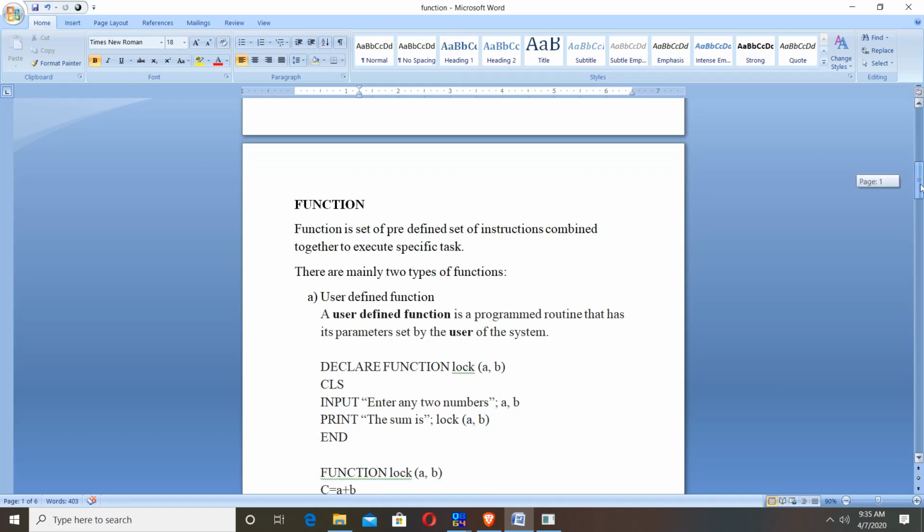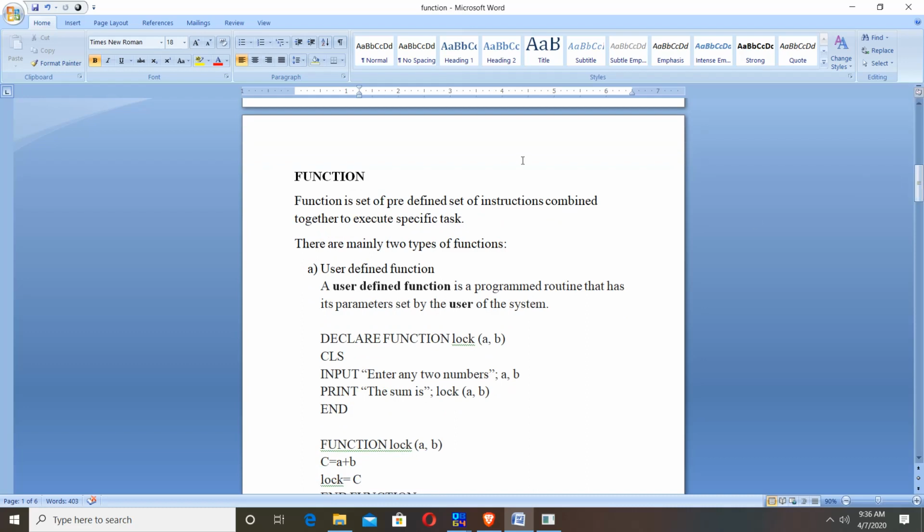Okay, so firstly, what is a function? Whenever we use the term function in programming, it is a set of predefined instructions. Whenever a predefined set of instructions is combined together, it forms what? A function.